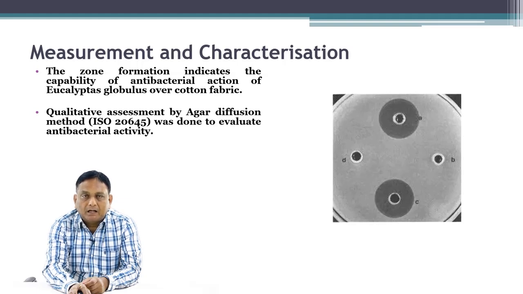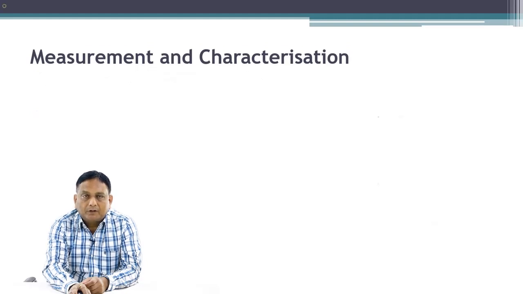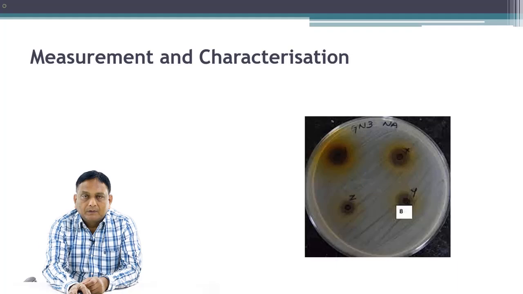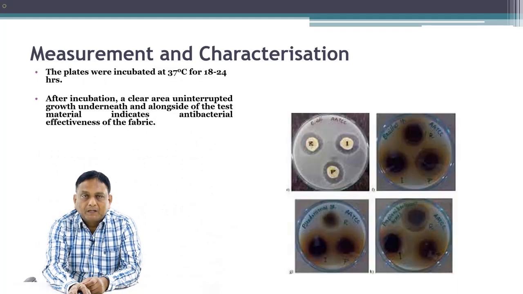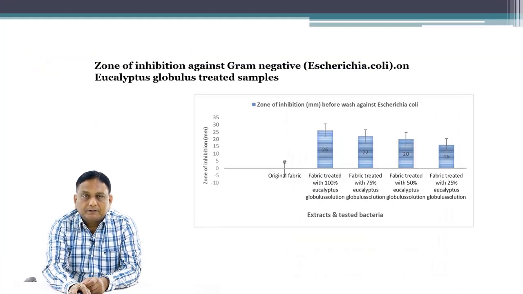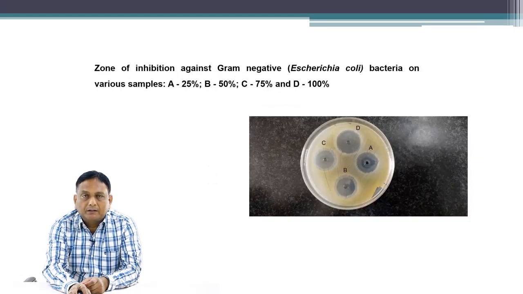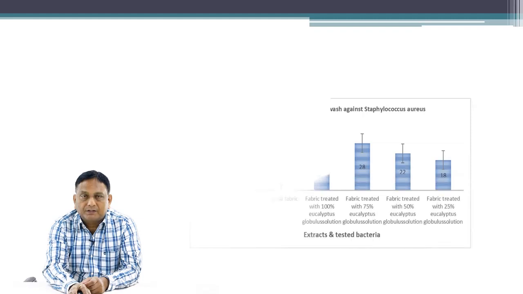An assessment is done by the agar diffusion method, ISO 20645, for this antibacterial activity. So different plates are prepared for this antibacterial activity, and these are the different graphs prepared, showing the different zones of inhibition at different concentrations. So the zone of inhibition against gram-negative bacteria, Escherichia coli, is shown at 25%, 50%, 75% and 100% concentrations.